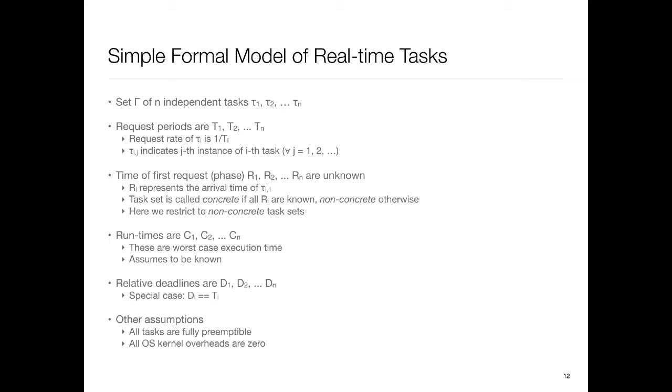So the focus here is going to be on just a small subset of those timing constraints, but it turns out that this is useful for a large number of systems. So the basic model is I have a bunch of tasks.